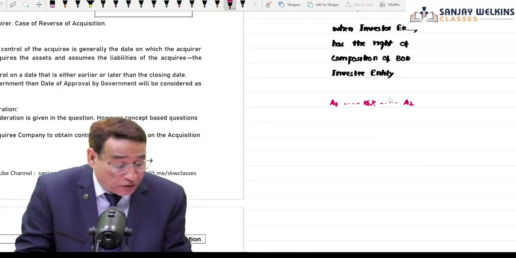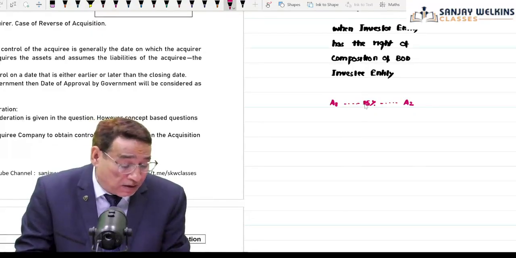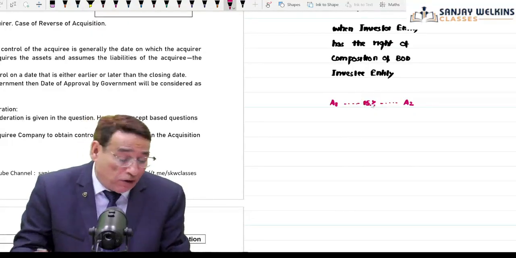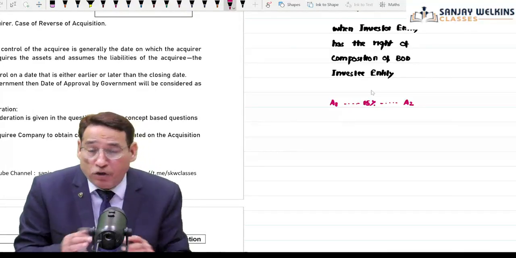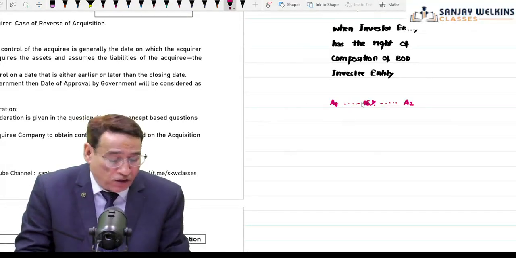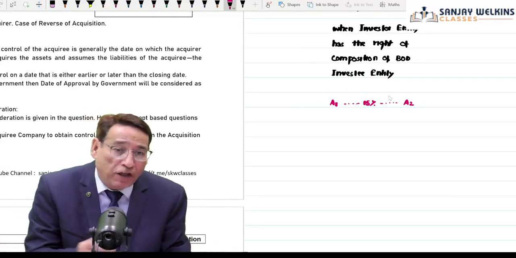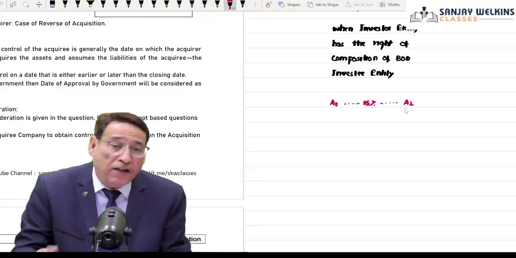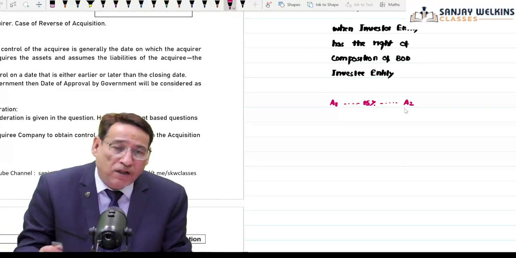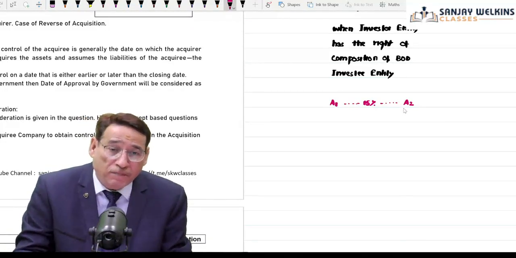I need not tell you, in this particular case, you are not having the majority stakes, because you are simply having 15% stakes in A2 Limited. So quite obviously, A2 Limited is neither your associate entity, nor your subsidiary company. Isn't it?